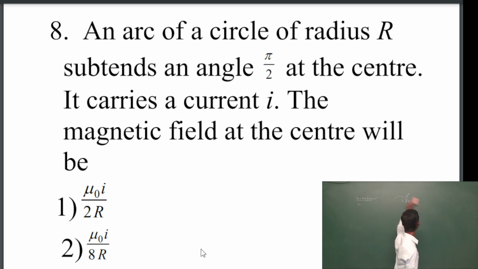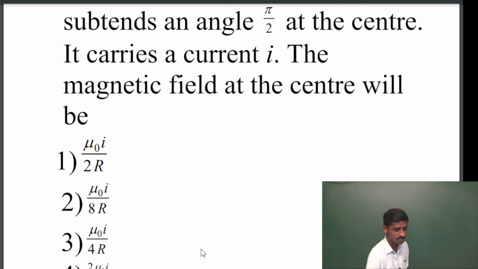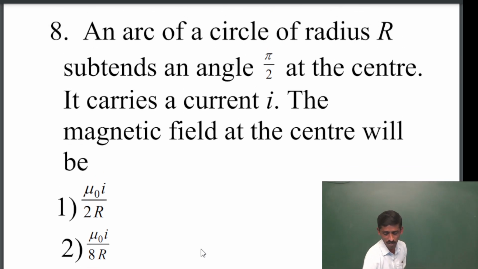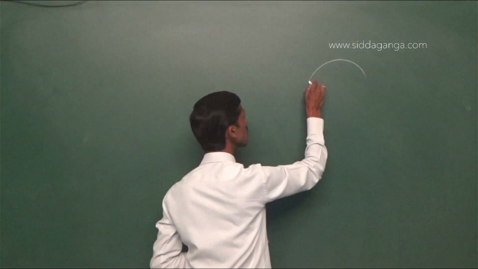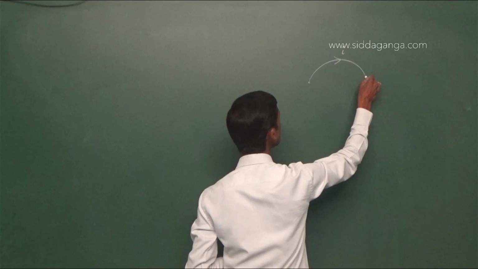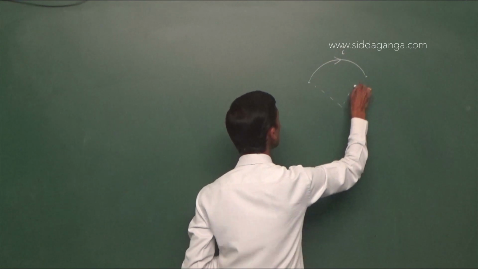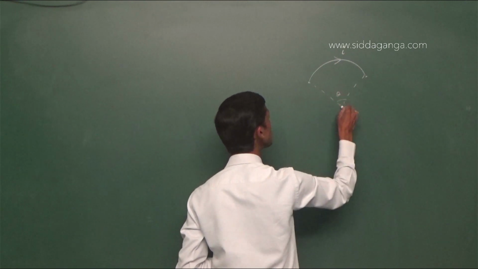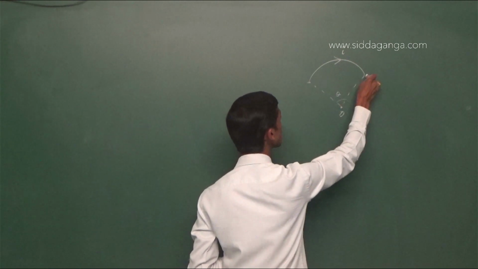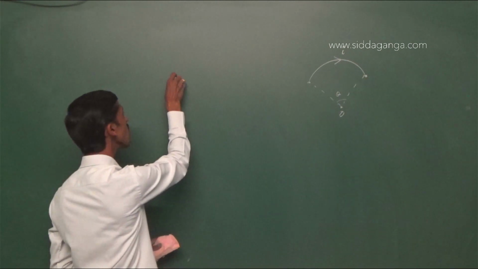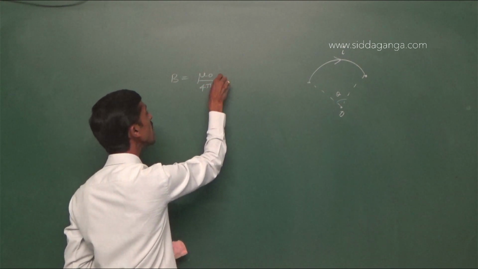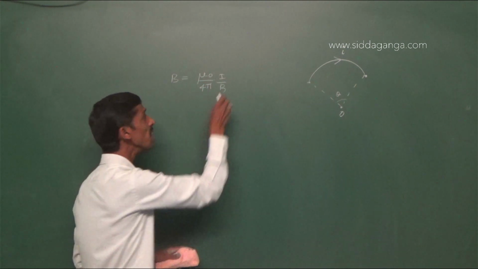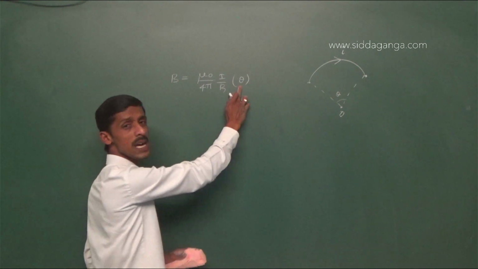As I told you in previous questions, consider a wire bent in the form of an arc carrying some current I. You have to see what angle is subtended at the center of the arc by the ends of the conductor. In such a case, in terms of the circular loop, you can remember mu naught by 4 pi, I by r, into theta. If it is 2 pi, it becomes a full circle.